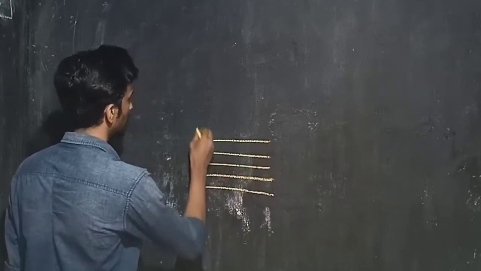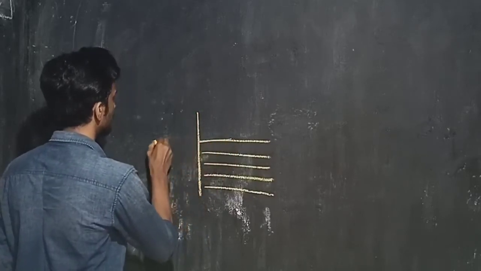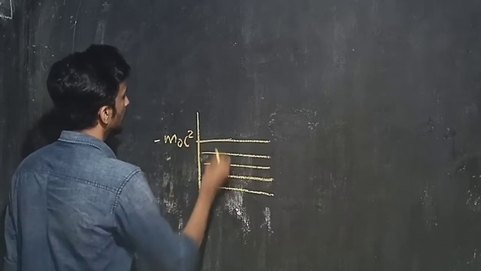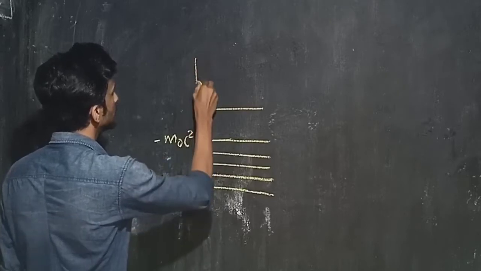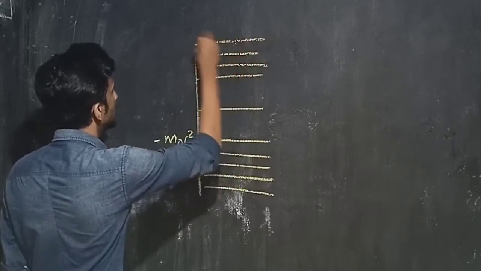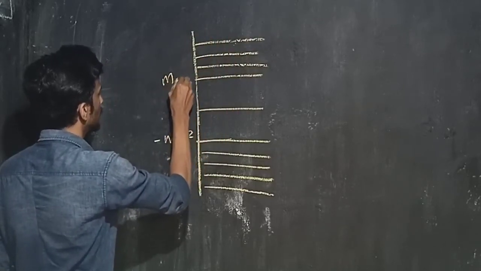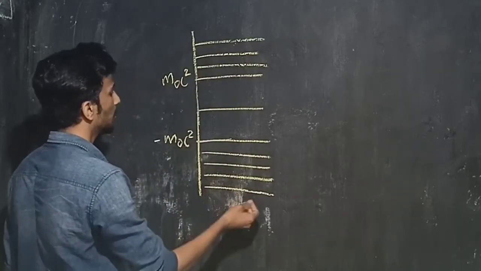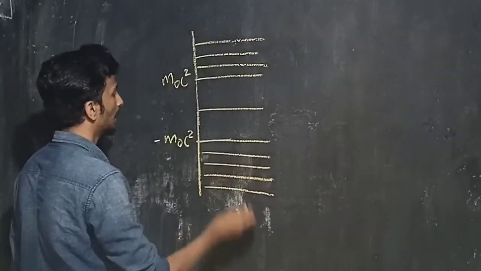Let this be the negative energy states, and this particular state corresponds to the energy minus m naught c square. And this be the state of zero energy, and this be the states of positive energy, and this particular state corresponds to the energy m naught c square. So in accordance with Pauli's exclusion principle, these negative energy states are all completely filled.